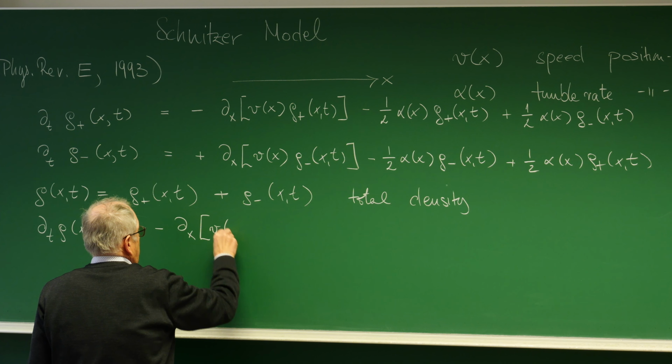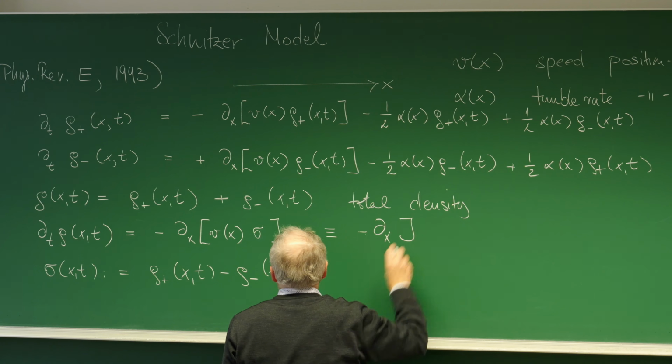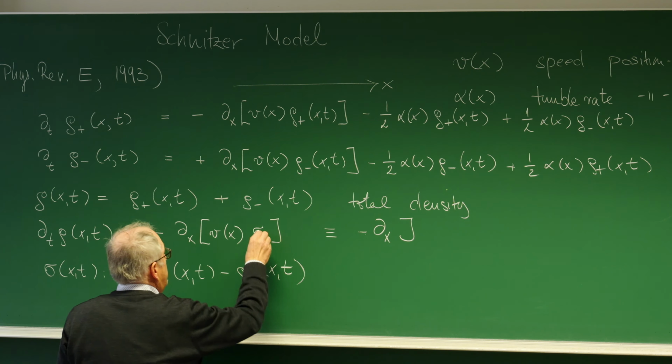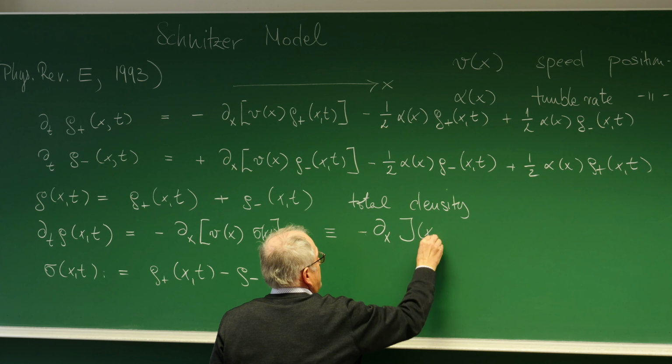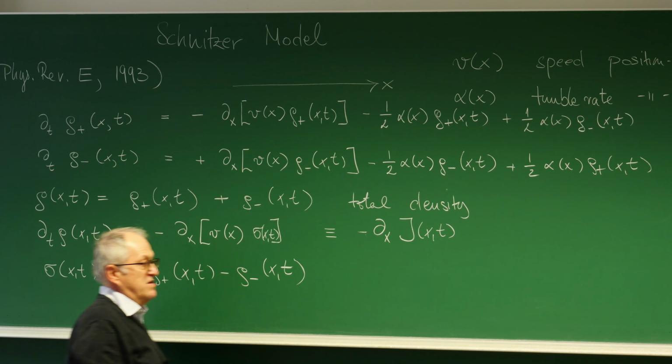This is what you get by adding those two equations. And as I just emphasized, that's a conservation law, so the term in the bracket defines a flux. And if I omit it, I always mean that these quantities are functions of space and time.